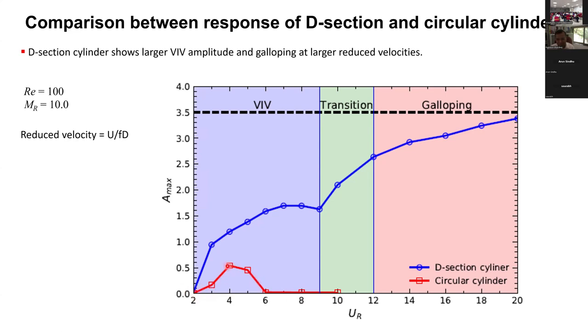You actually have the same plot as you know of. It will go to the upper branch, then lower, and then desync, as you can see here. But for the D cylinder, something special happens. The amplitude is larger, and then it further increases, and this is something which is called galloping. So galloping we're going to discuss in subsequent slides.